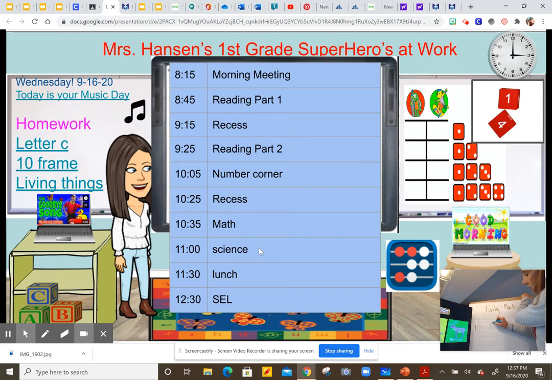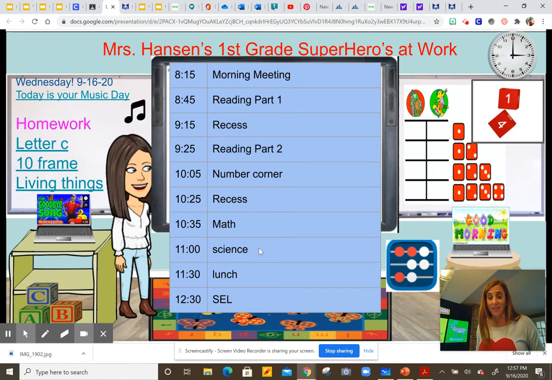So we have 1, 2, 3, 4, 5 shuts the door. Our 5th tally is always closing the other ones up with a diagonal line. So we have 1, 2, 3, 4, 5 shuts the door. Okay. Do you think you could practice making tallies? Can you show me how you make tallies?